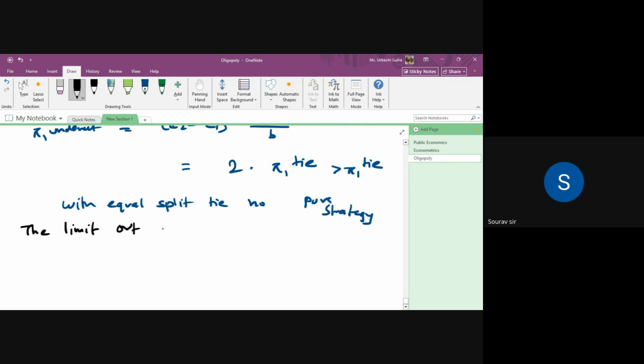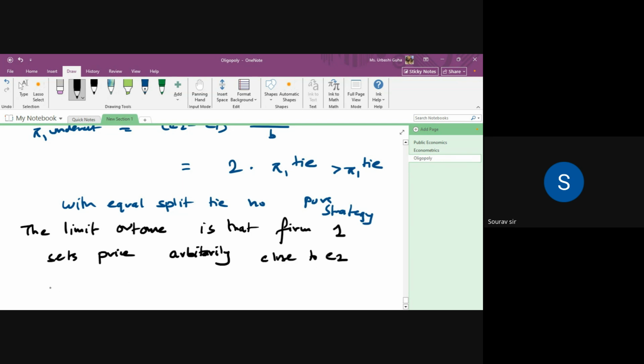The limit outcome is that firm 1 sets price arbitrarily close to C2 from below, and it captures the whole market.